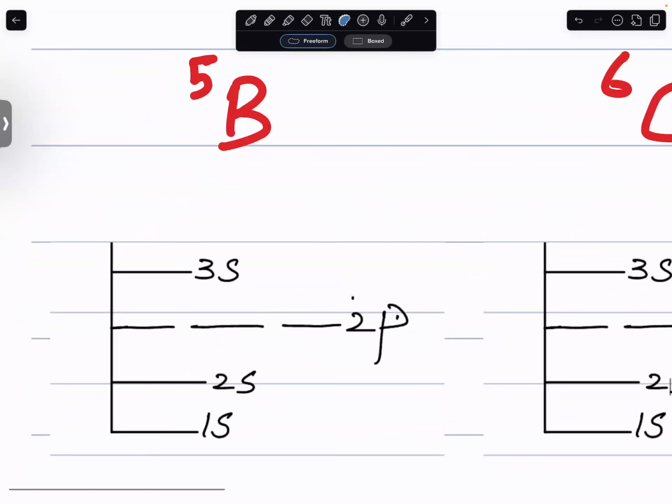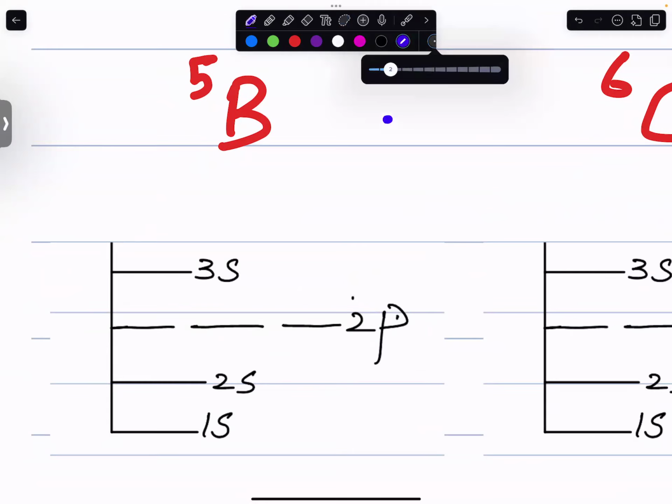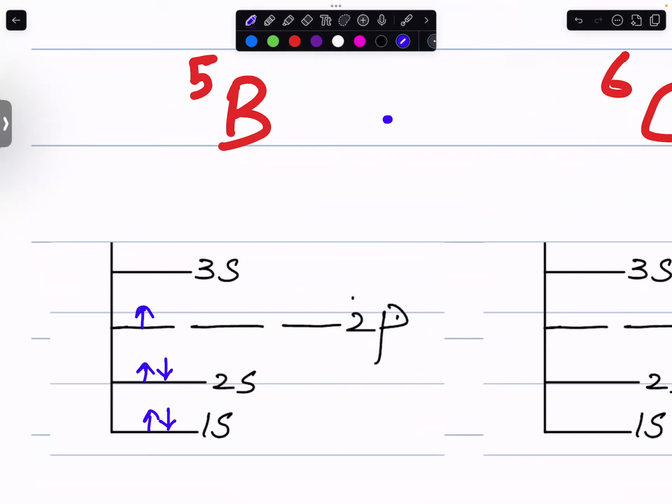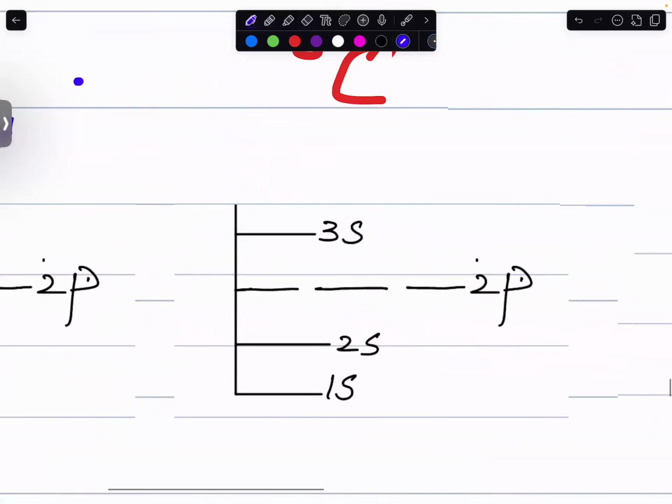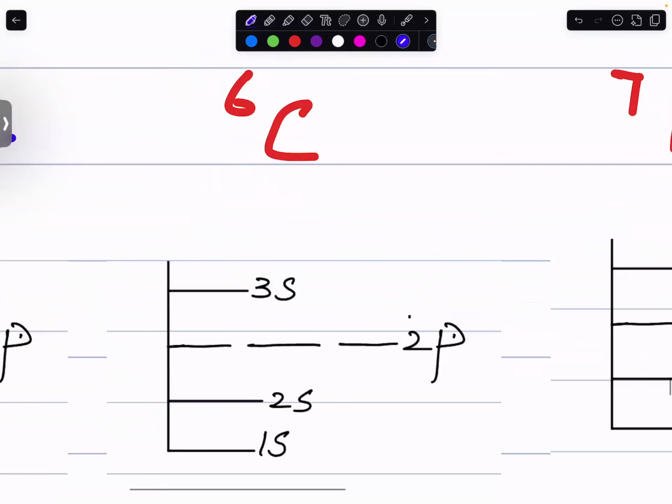Now look. For boron, how many electrons? 5. 1s2, then 2s2, and 2p1, one unpaired. Carbon, 6: 1s2, 2s2.